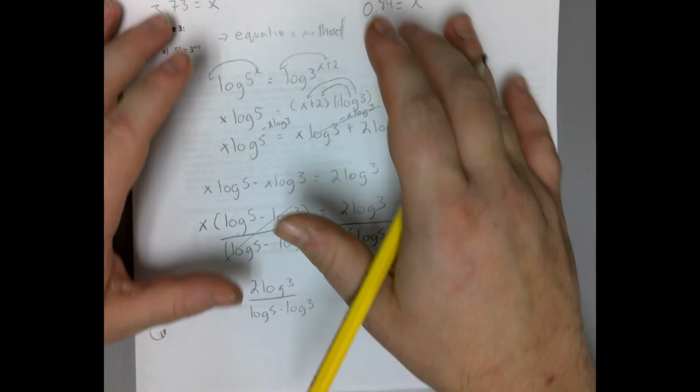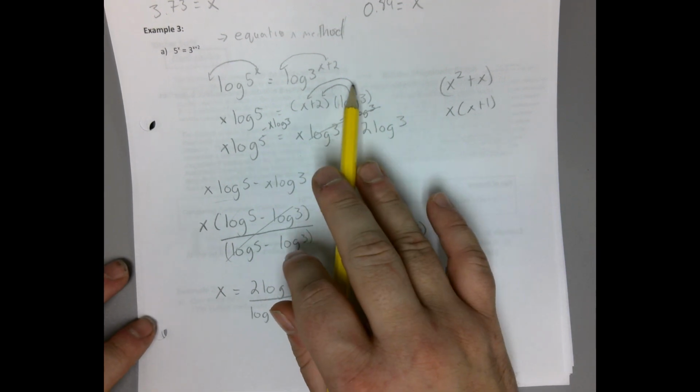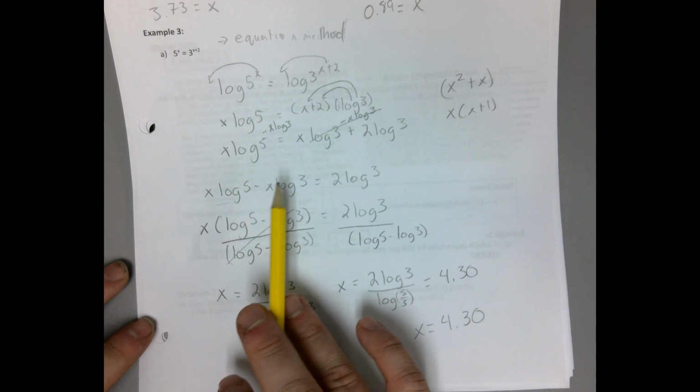It is a longer process. We have to be careful here when we need to distribute that log into both of our terms, and then it's just isolating x out by itself. When we have our two x's here, I can pull it out, right?